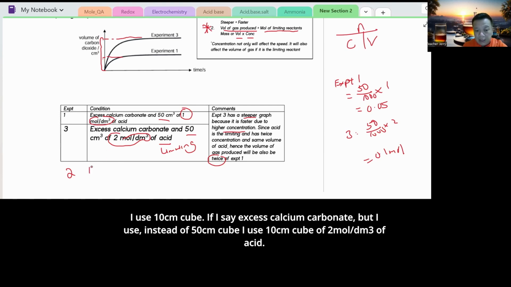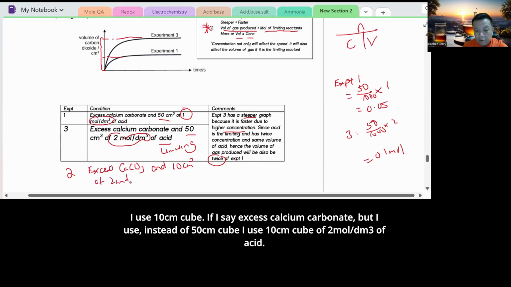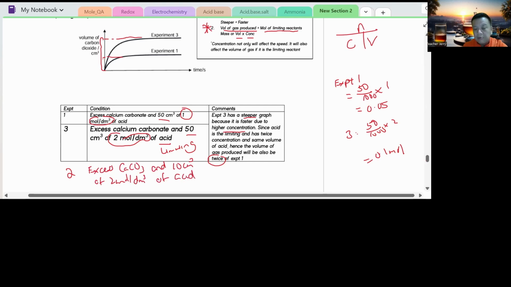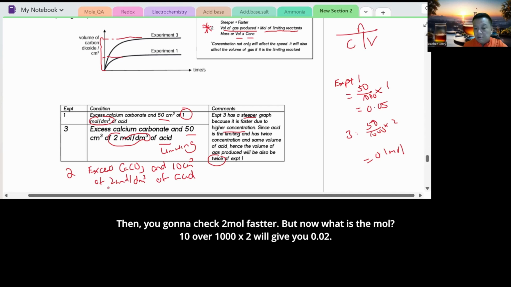If I say excess calcium carbonate, but instead of 50, I use 10 cm cube of 2 mole per dm cube of acid, then we check. 2 mole, faster. But now, what is the mole? 10 over 1000 times 2. This is 0.02.